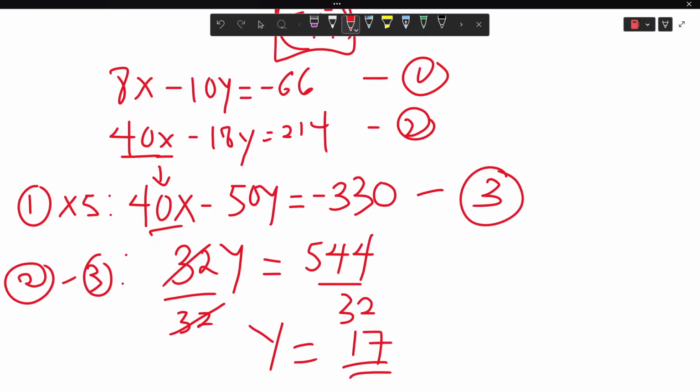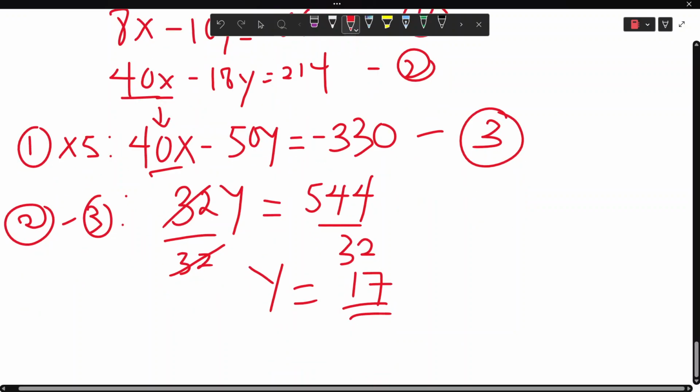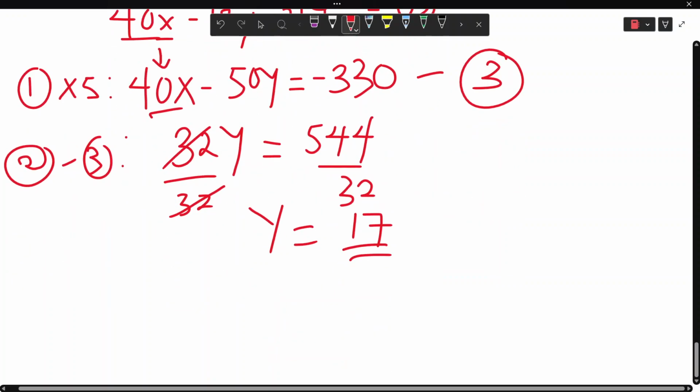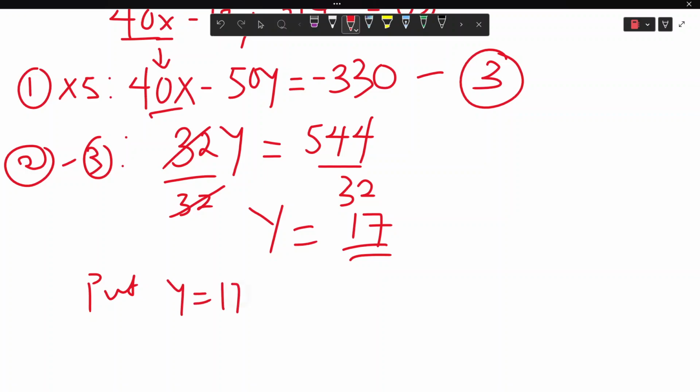Good. Now let's find the x. So now we have y. You can put y in any of the equations, but I'll put it in equation 1. Now put y equal to 17 into equation 1.